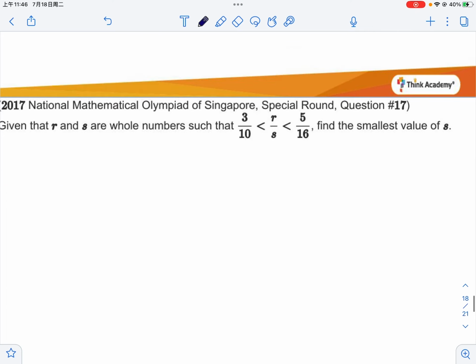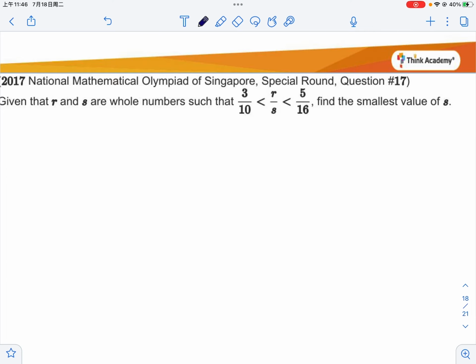And now let's look at question 2017. Let's use what I call the milk tea method. For the milk tea method, we have sugar. This one is the less sugar milk tea, and this one is the more sugar. Why is more sugar sweeter than less sugar?